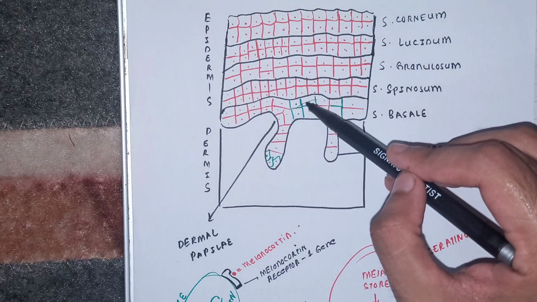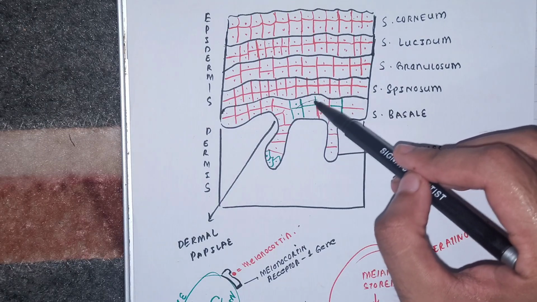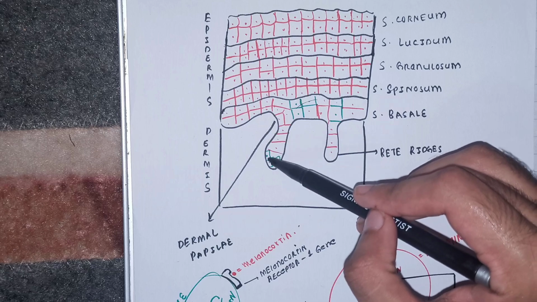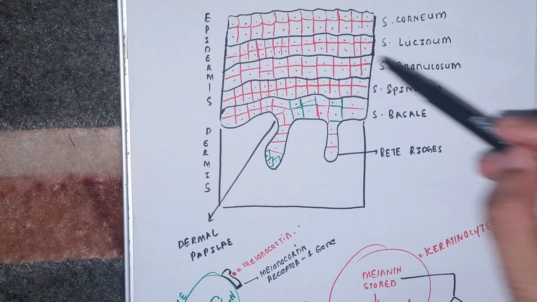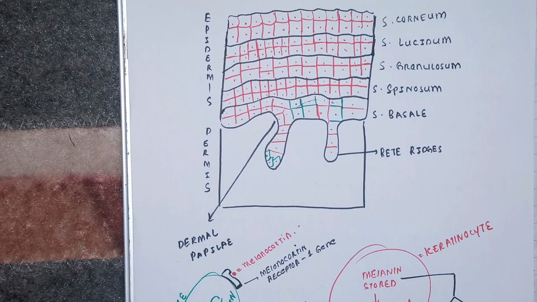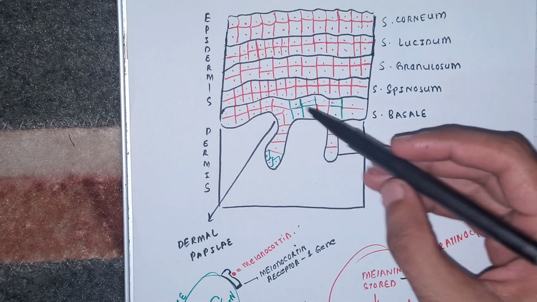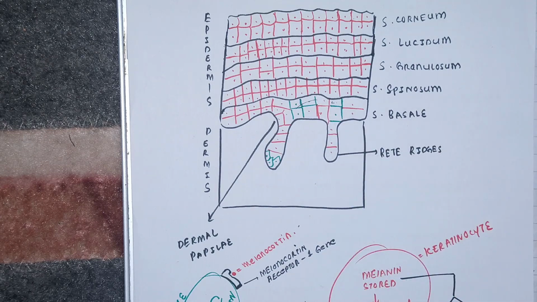But did you notice that in the stratum basale, with these keratinocytes, there are some green colored cells? They are different. They are not keratinocytes. These are melanocytes. Let me take one melanocyte out here.